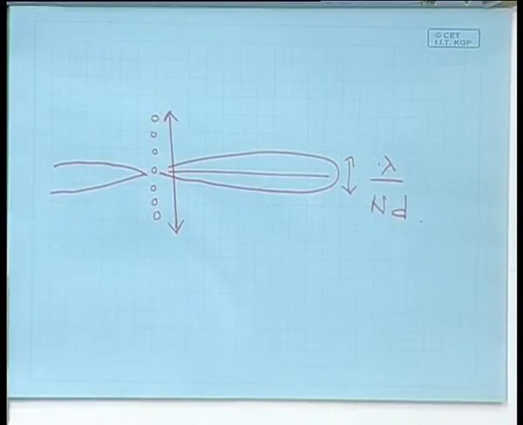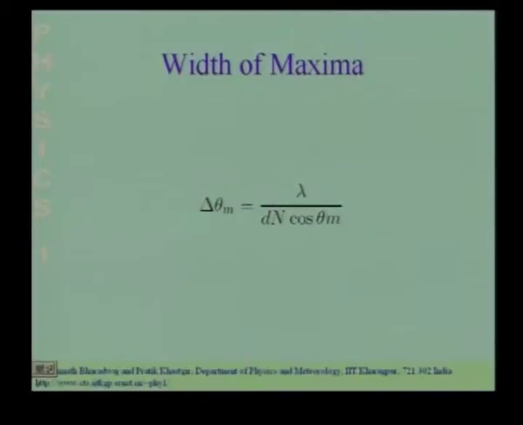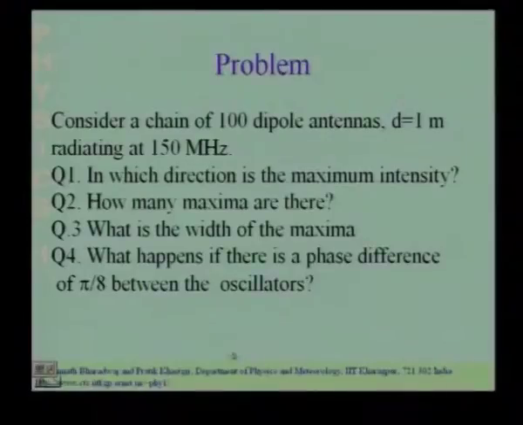So, now let us go back to the problem that we were discussing. The other part which remains to be addressed is what happens when there is a phase difference of pi by 8 between the oscillators.